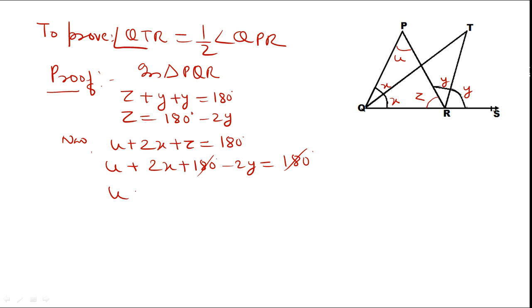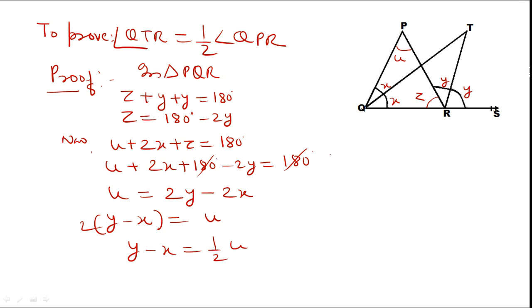So I write U is equal to 2y minus 2x, or I write y minus x, 2 is taken common, is equal to u. So y minus x is equal to half of u. Y minus x is equal to half of u.